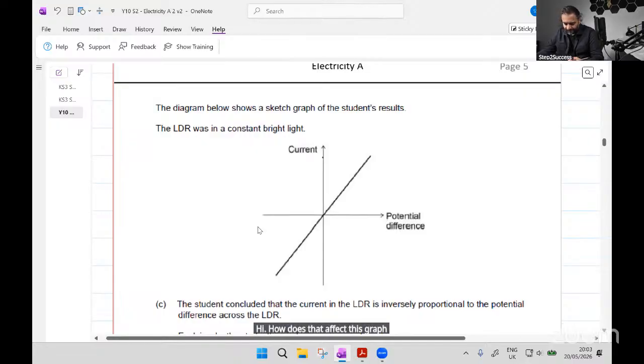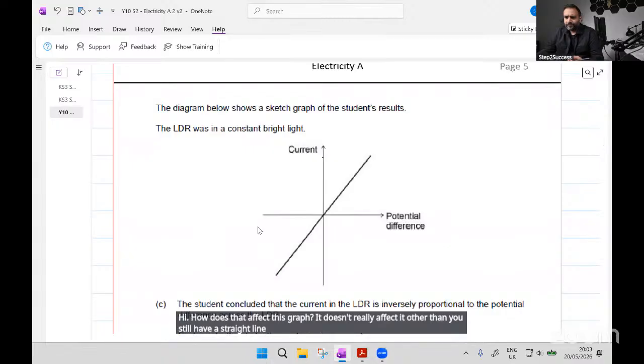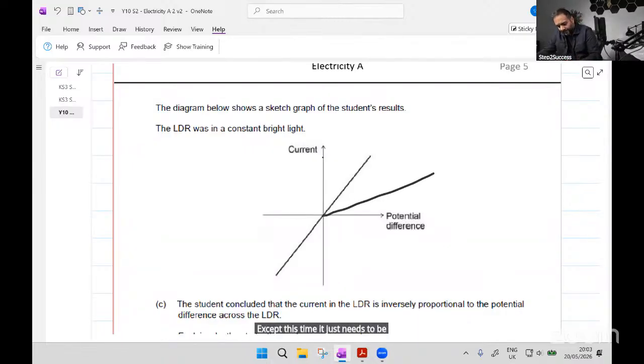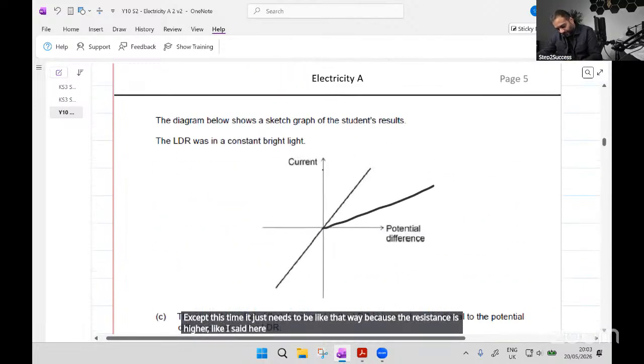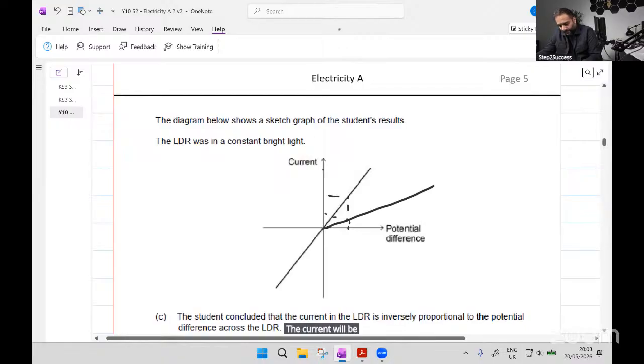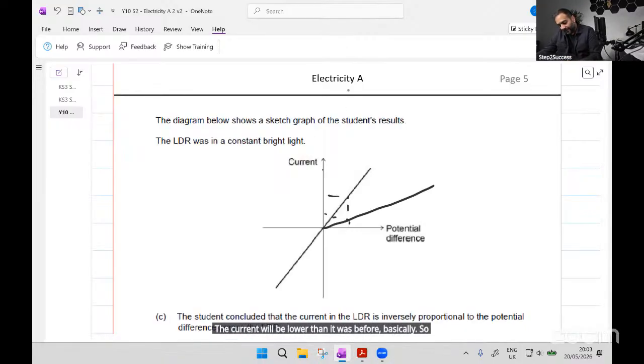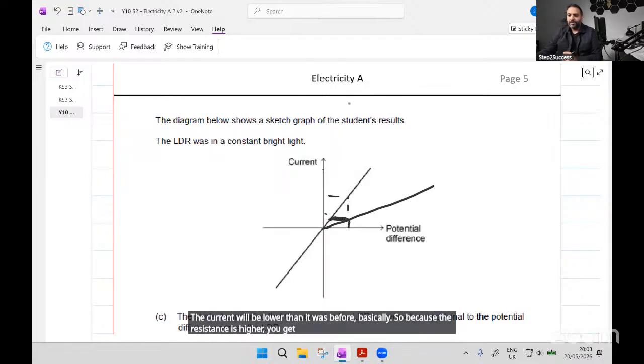It doesn't really affect it, other than you still have a straight line, except this time it needs to be like that way because the resistance is higher. The current will be lower than it was before, basically. Because the resistance is higher, you get a lower current for every same potential difference.